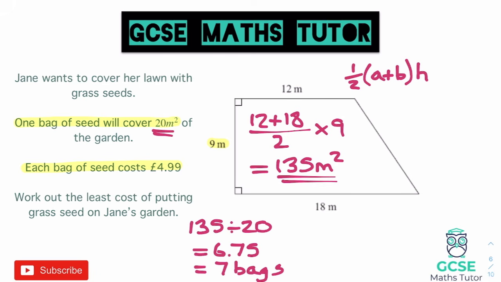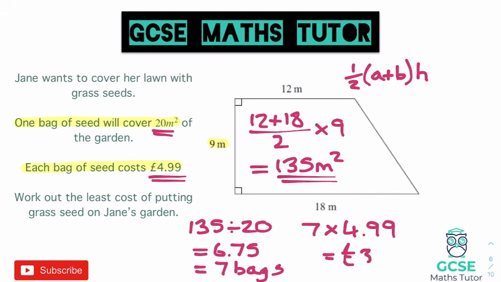Okay, so now we know how many bags that we need, we can multiply that by the £4.99. It says each bag of seed costs £4.99, so we just need to work that out. So I'd do 7 times £4.99, and if you don't have a calculator for this particular question, you could do 7 times 5 and then take away the 7 extra pennies there. 7 times 5 would be 35, take away the 7 pence would leave you with £34.93.